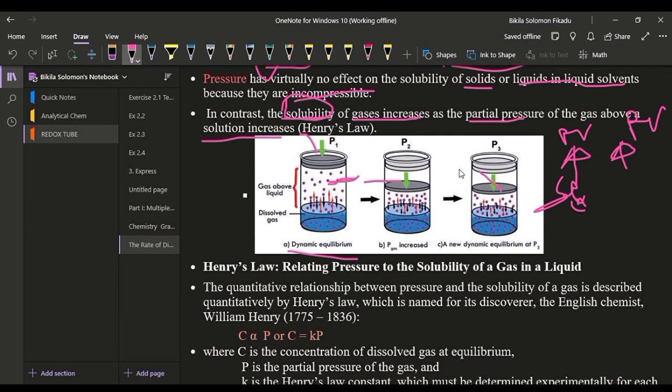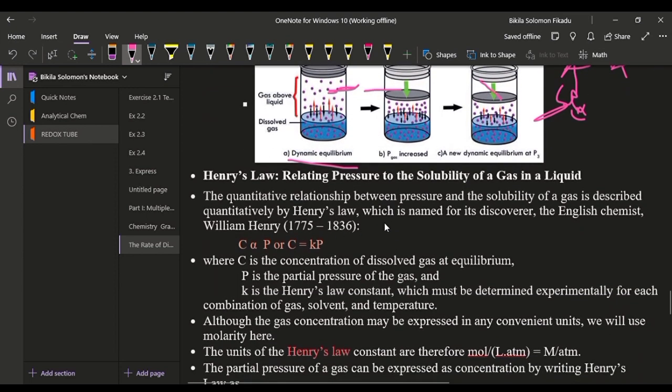So Henry's law relating pressure to the solubility of gas in liquid. So the quantitative relationship between pressure and the solubility of gas is described in this formula. So C is concentration of dissolved gas at equilibrium, P is partial pressure of gas, K is Henry's law constant, which must be determined experimentally.